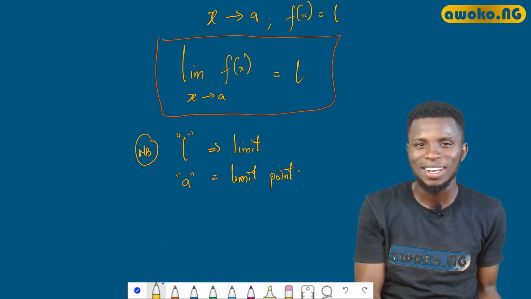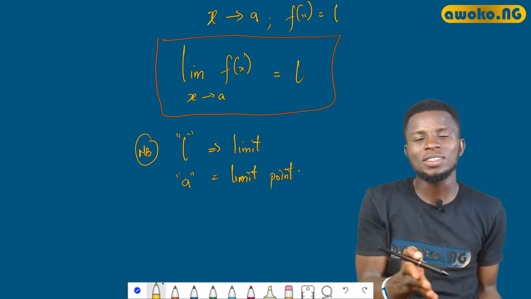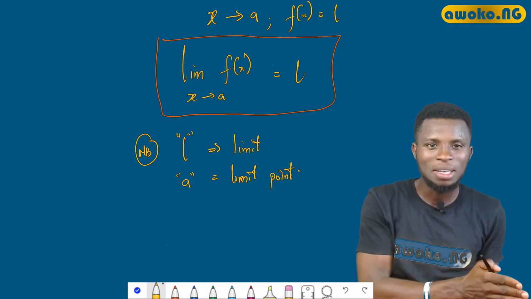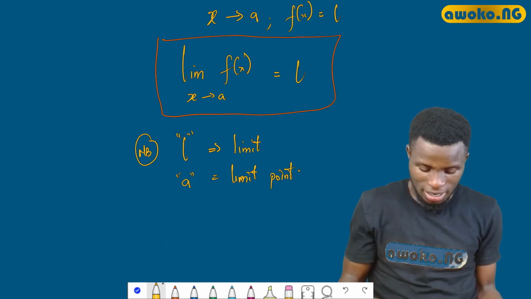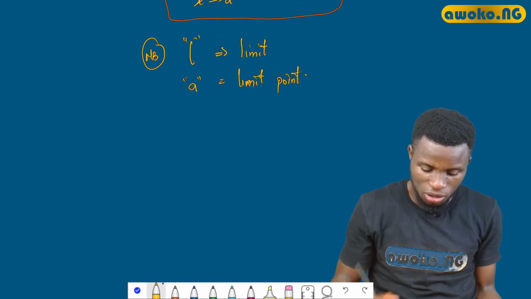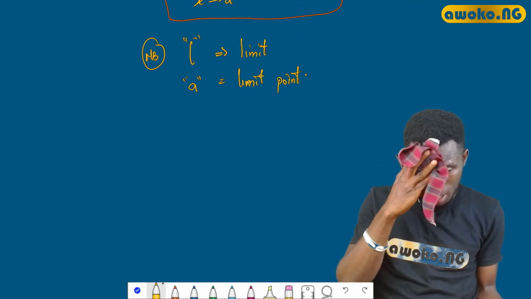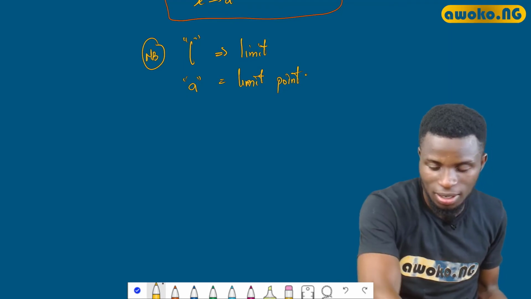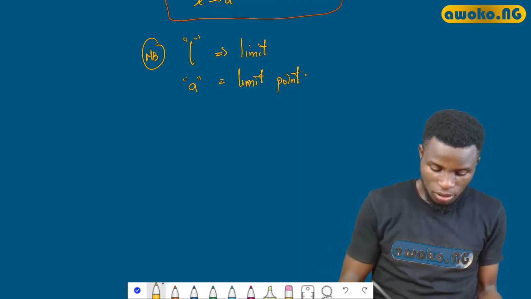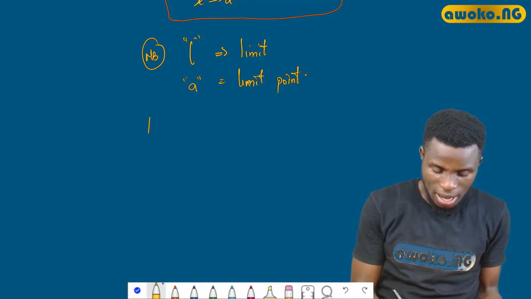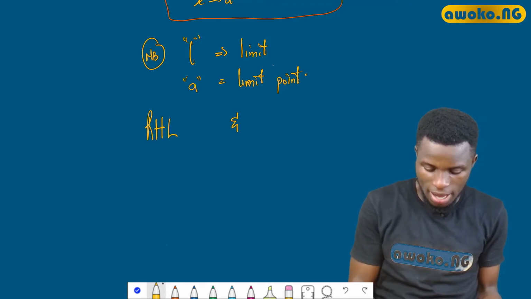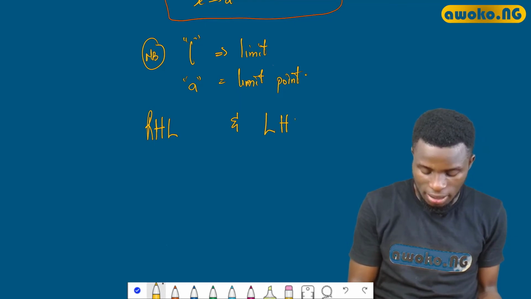Do you understand? Now let me clarify this concept of right hand limits and left hand limits. This particular concept gives students issues most times while dealing with limit problems. It gives students a tough time. So let us talk about the right hand limits and left hand limits.